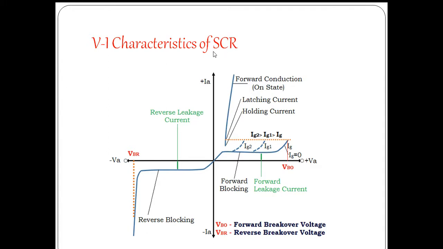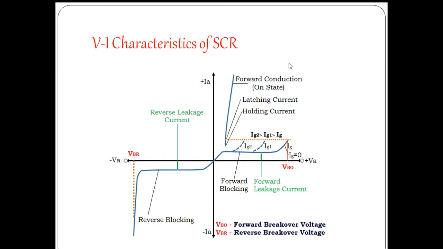To make the SCR conduct, we use different techniques. So how to make a turn on of the SCR? That means how to bring the device from forward blocking state to forward conduction state.